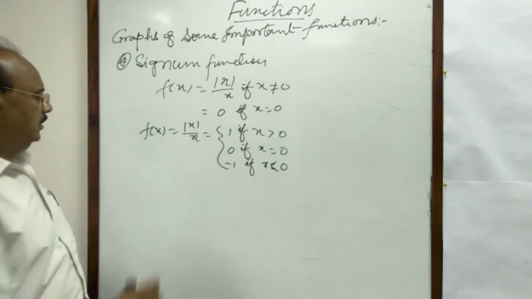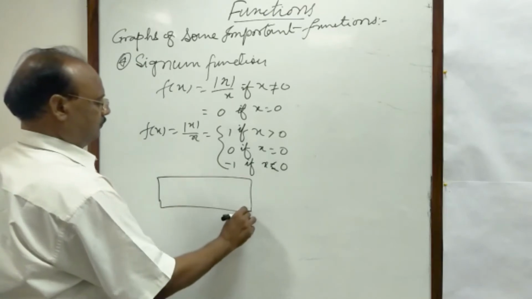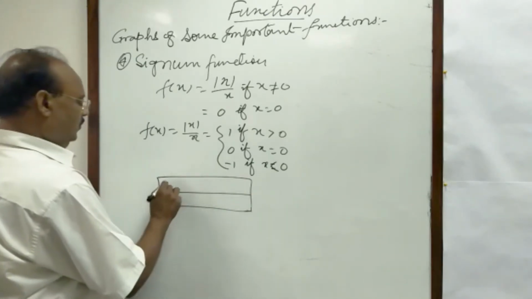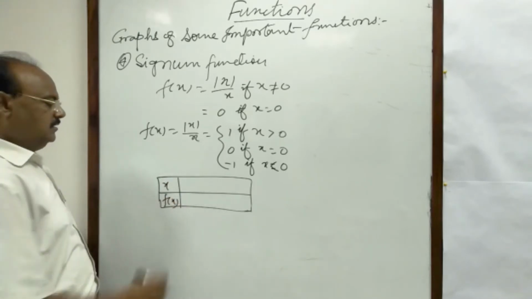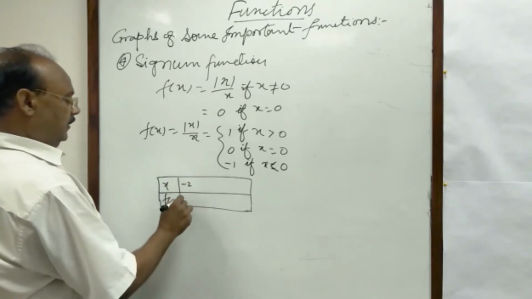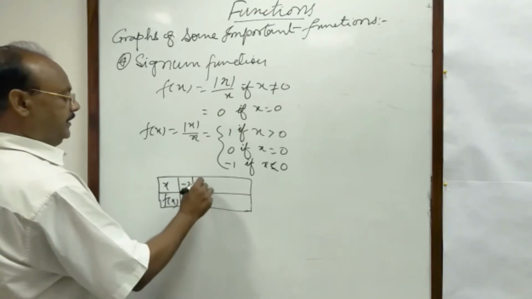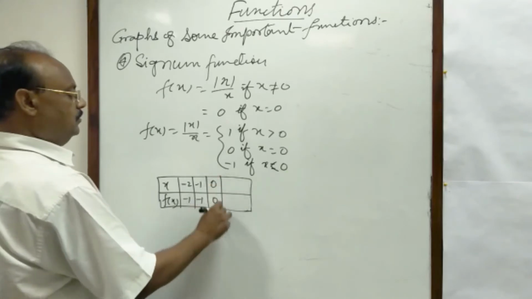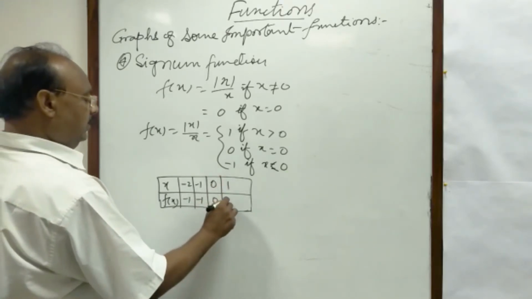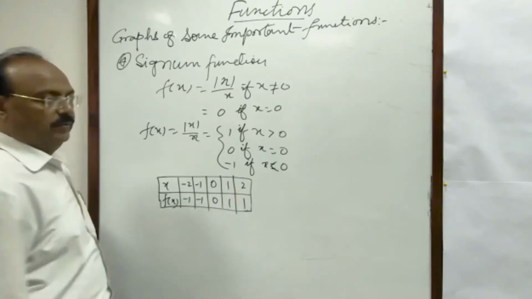So accordingly, let us make a table here for x and f(x). If x is equal to minus 2, f(x) is minus 1. x is minus 1, f(x) is minus 1; x is 0, f(x) is 0; x is 1, f(x) is 1; x is 2, f(x) is 1.